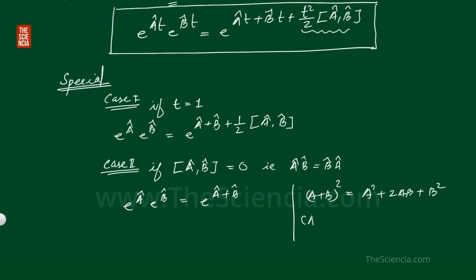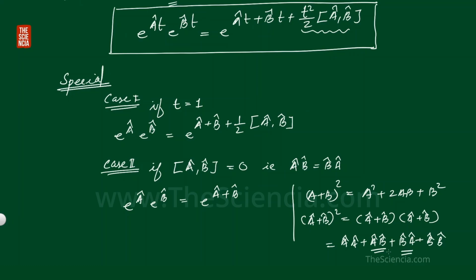But if it is in operator algebra, that is A cap plus B cap all square, I told you this is equal to A cap plus B cap into A cap plus B cap. So when expanding, we will get A cap square plus A cap B cap plus B cap A cap plus B cap square, right? So if A cap B cap and B cap A cap are the same, then we can say it is 2AB, right?